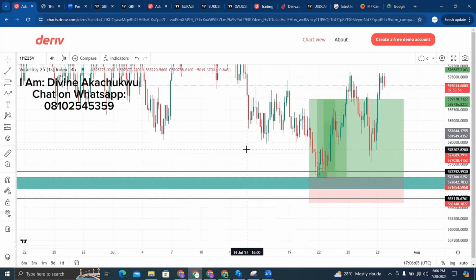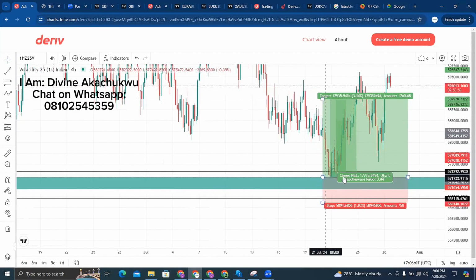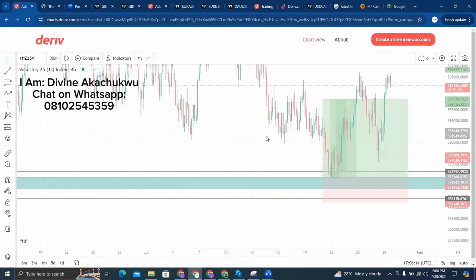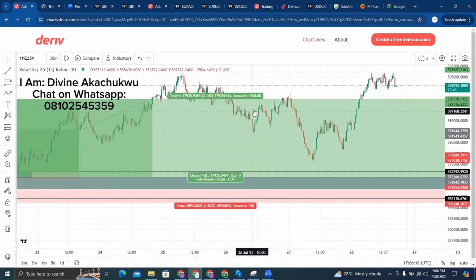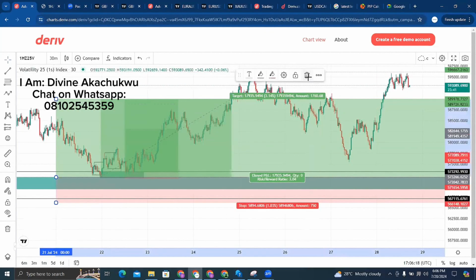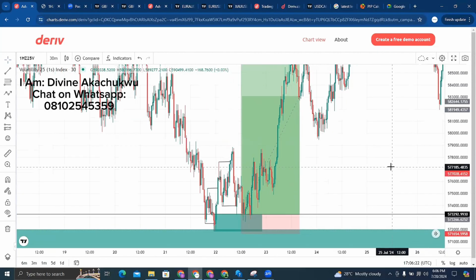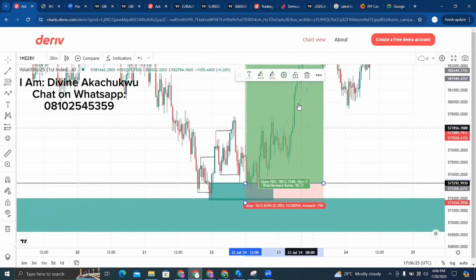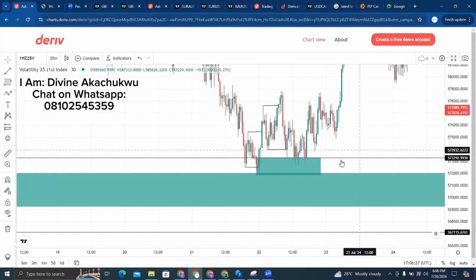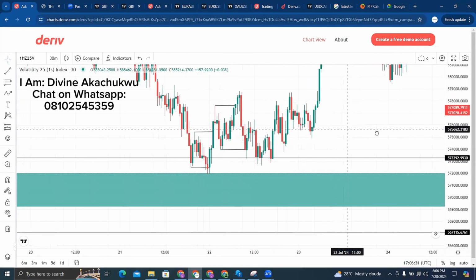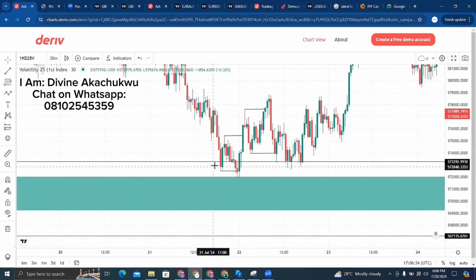So here's what we should do. Let's say as price tapped into this zone, I went to 30 minutes looking for confirmation. Let me delete this big one so that my screen will be clear. All right. So what can you see here? Can you see our entry model again? There was a sweep.